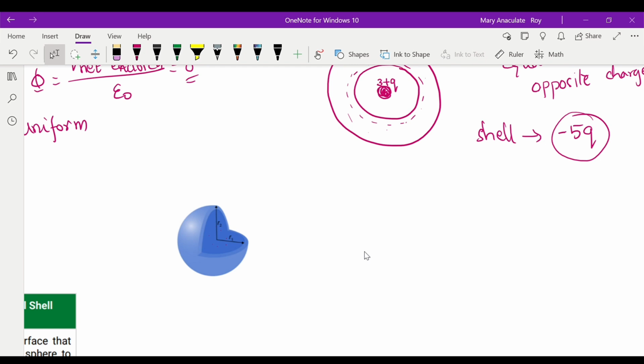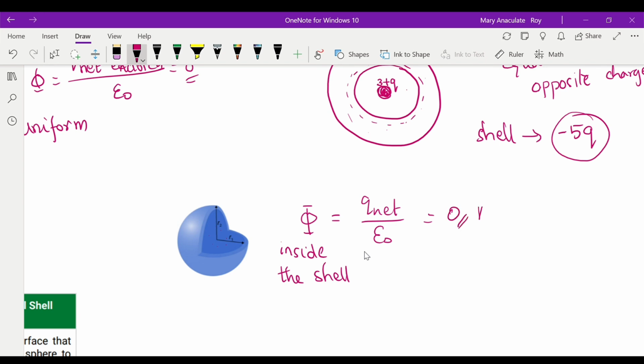So if you wish to find the flux inside the shell, where there is no charge, this is a different case from the charge distribution we were discussing. Here there is no charge inside, so we have q net enclosed over epsilon naught. Since q net is 0, you have 0 flux, in newton meter squared per coulomb. So inside the shell it is 0.